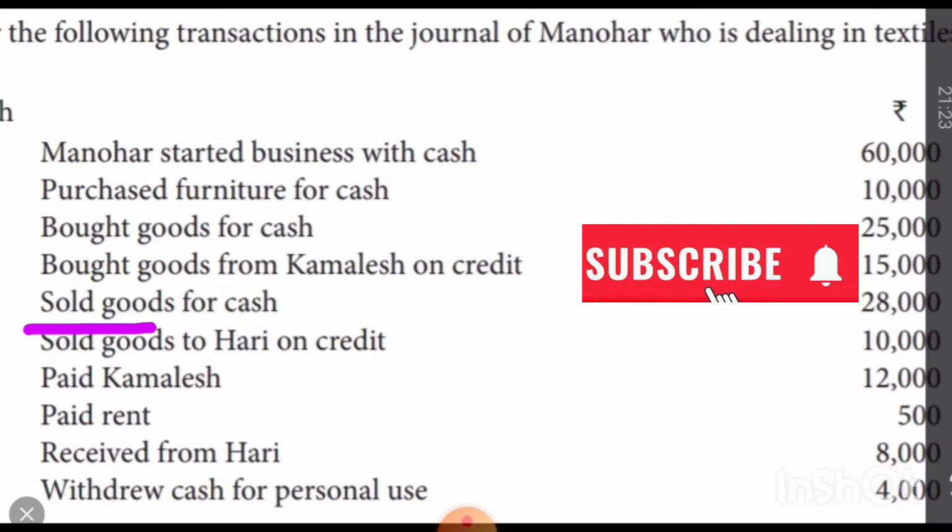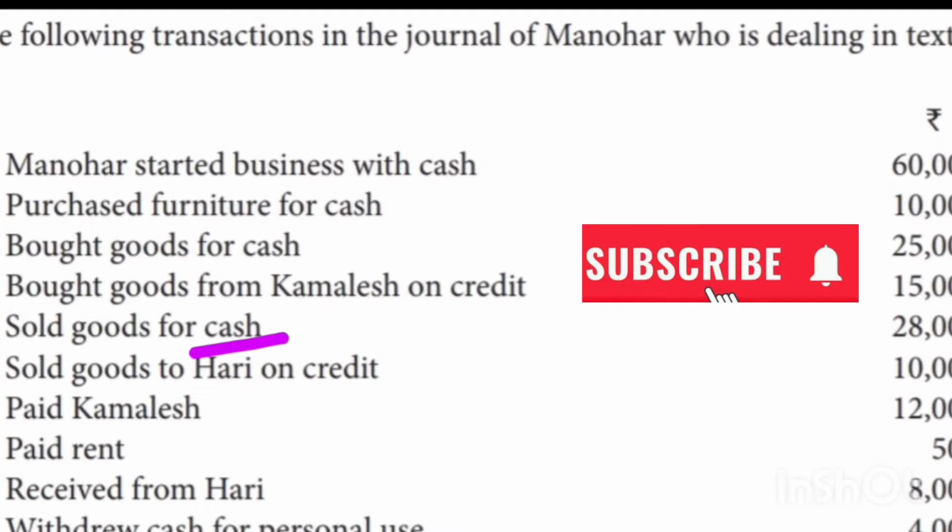Sold goods for sales. So here it is directly given: two accounts affected. What are they? Sales account and the cash account. So we clearly say the two accounts, one is sales account, another one is cash account.